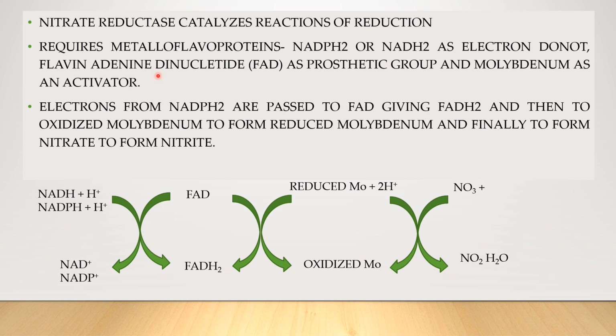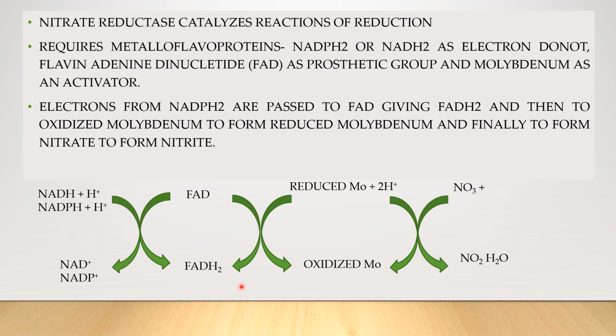Nitrate reductase catalyzes the reaction of this reduction and it requires some metalloflavoproteins like NADPH2 or NADH2, and it also requires some electron acceptors like flavin adenine dinucleotide and some prosthetic groups, and even molybdenum is required as a cofactor. So the electrons are transferred from NADPH or NADH2 to FAD.